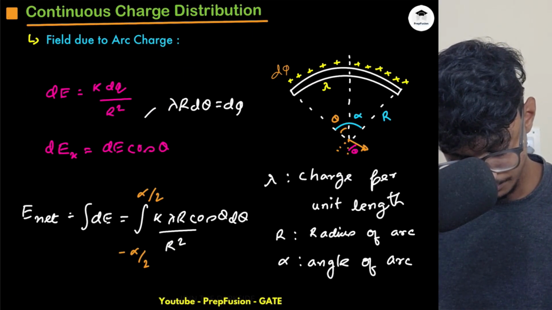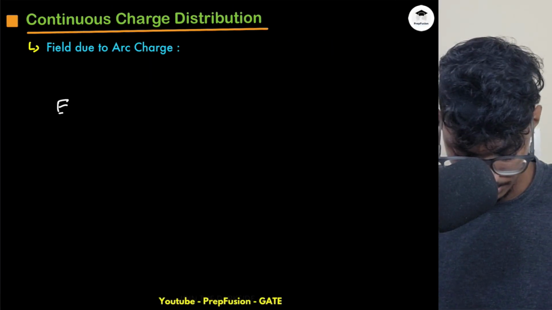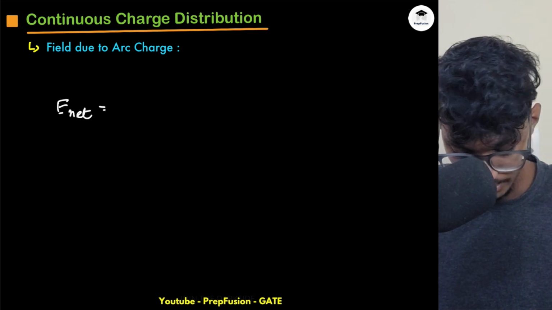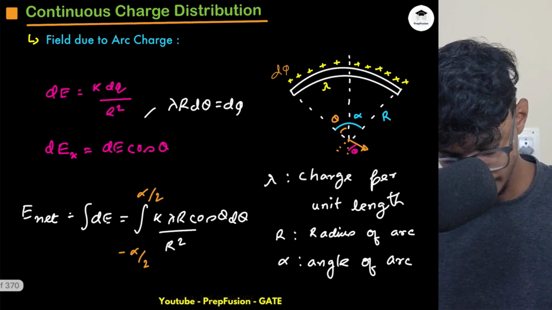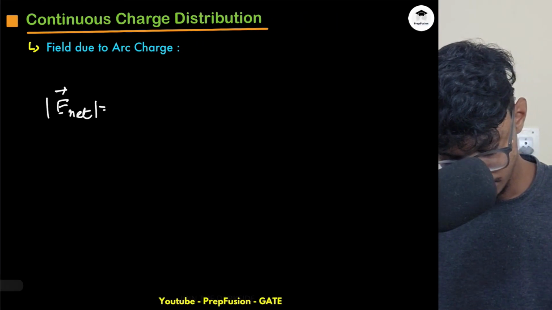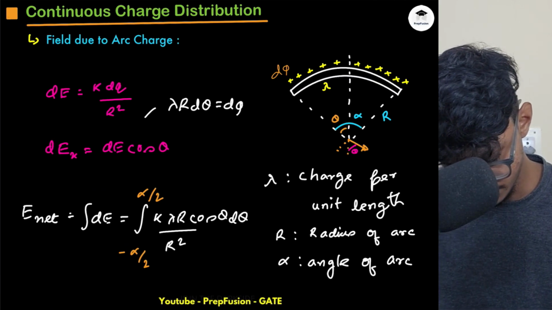This will become E net, right? The direction will be along the radial direction, so I am more interested in the magnitude.